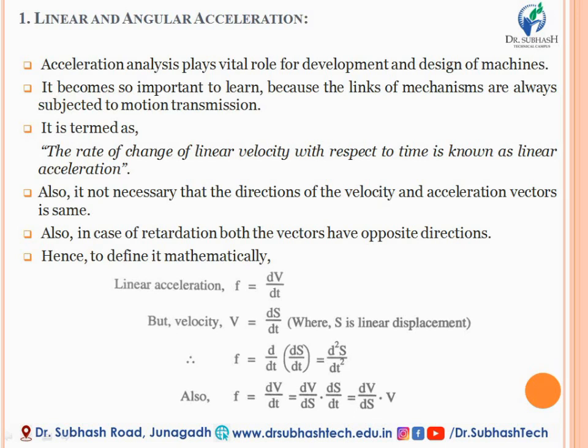According to the definition, the rate of change of linear velocity with respect to time is linear acceleration. But we know that velocity is the rate of change of displacement with respect to time, where ds represents the change in linear displacement.